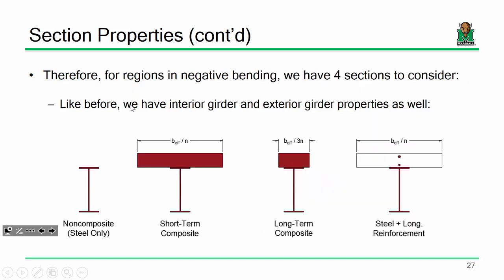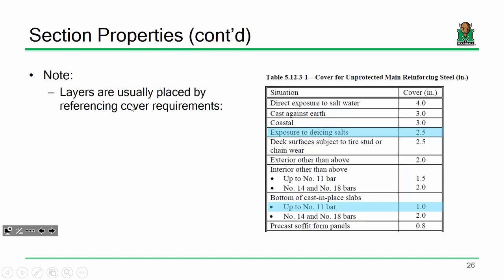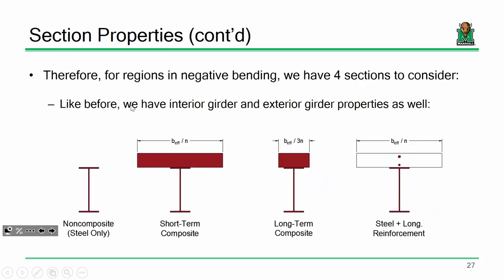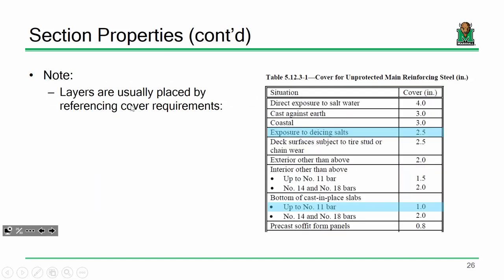So this top layer, that larger top layer, 2.5 inches below the top. That's the cover requirement, okay? And that'll give us our space, all right? For the bottom, up to number 11 bar, we go 1 inch up. So 2.5 inches down, 1 inch up. Sound good? We'll just assume it's all effectively lumped right there.